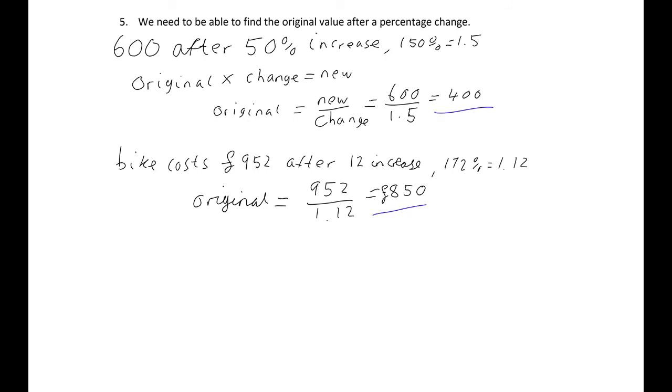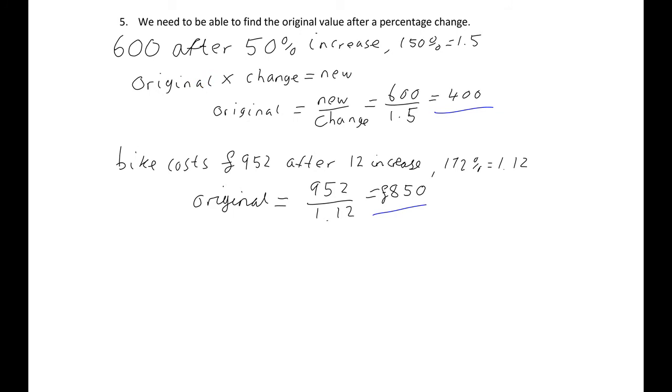Now this would also work if instead of having an increase, we had a decrease in one of these. Right? So the next step that I want to talk to you about is still using this formula. So far, we started off having original and change to work out new. Now we've done new and change to work out original.